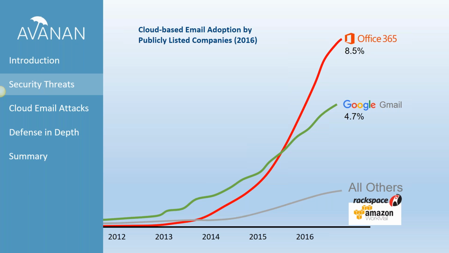So as you can see here from this slide, the adoption of Google Apps is growing very rapidly. It's behind Office 365 to a certain degree, but it's far ahead of many other SaaS applications. This is by public companies.